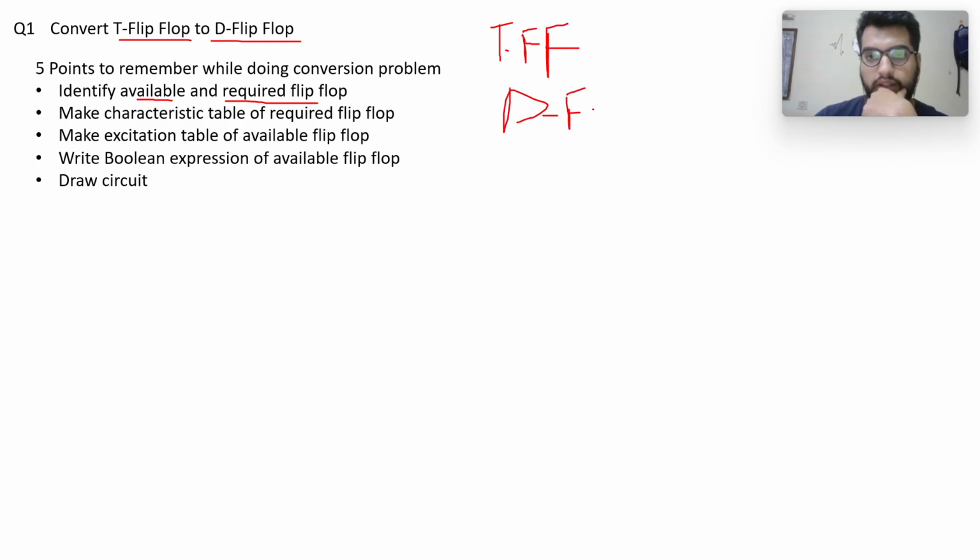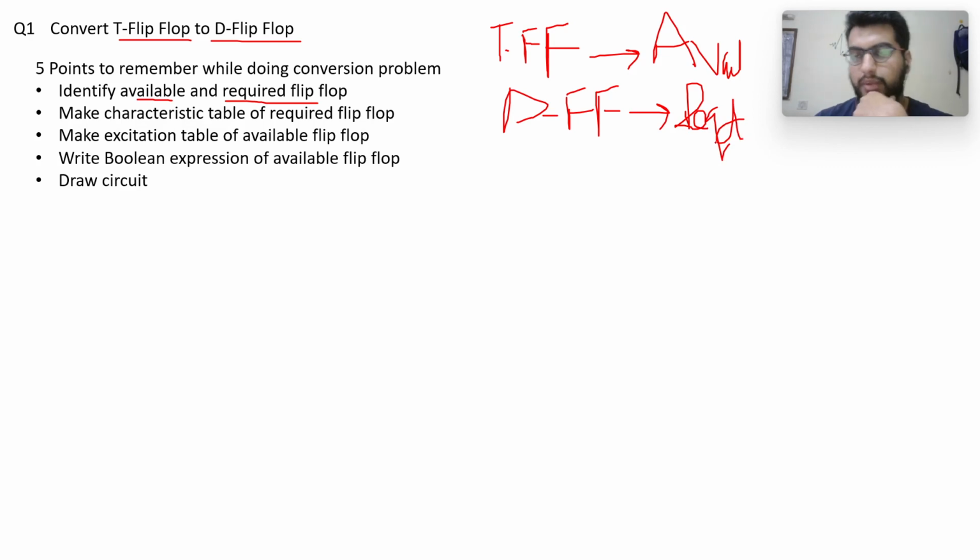T flip-flop is our available flip-flop and D flip-flop is our required flip-flop. So we are done with the first step. This might seem a pretty straightforward step, but sometimes people get confused with it, so write this down carefully.